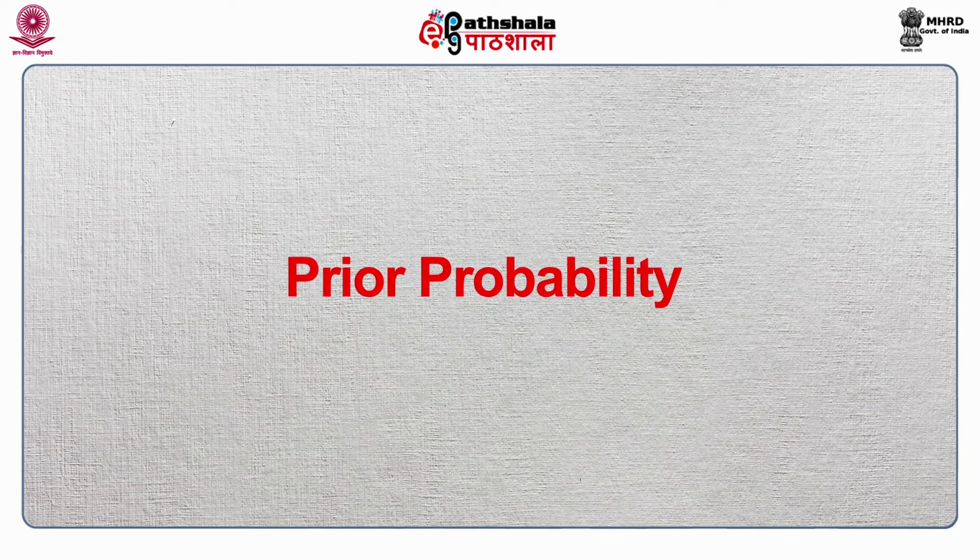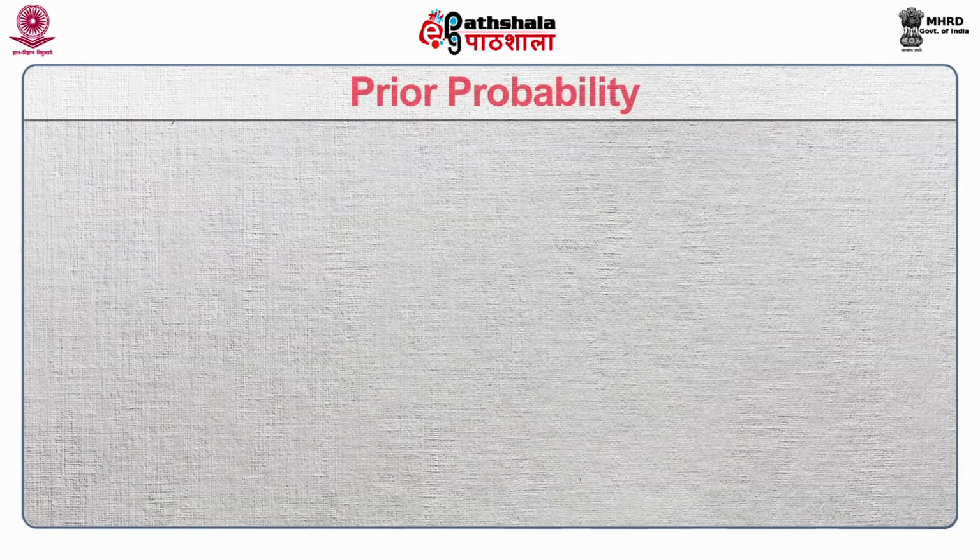Now we have the prior probabilities. Prior probabilities are basically the original probabilities of an outcome, which would be updated with new information in order to create posterior probabilities.